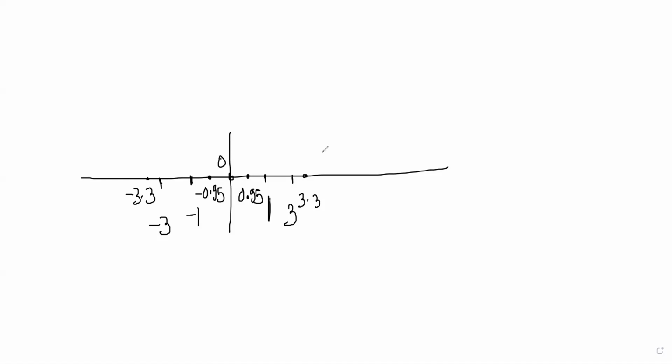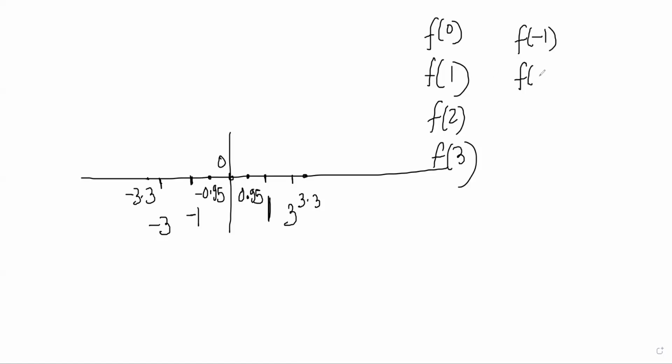What I want you to think about is what are the values of the function near and nearby the critical points, right? You should check the values of the function at points like f of 0, f of 1, f of 2, f of 3, and so on. Similarly, f of minus 1, f of minus 2.